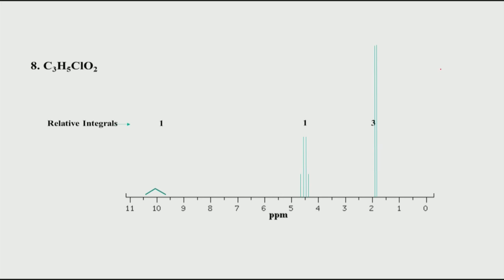I expect a CH3 here, that is why I get a 3 integral, but this is a doublet, so that means it is attached to a CH, only one hydrogen. And this CH is coming downfield shifted, therefore it should be attached to an oxygen or a chlorine, which is what we expect from the molecule.